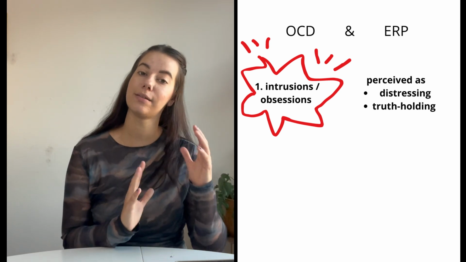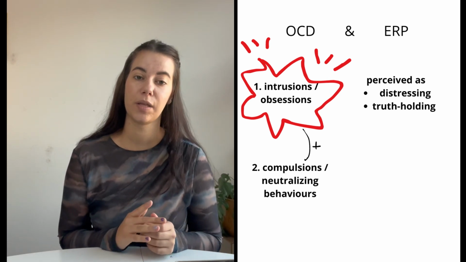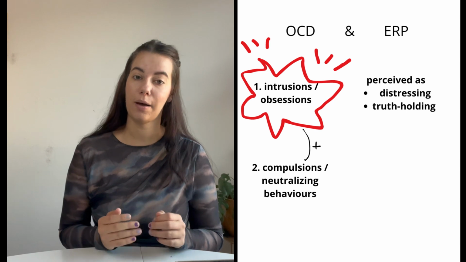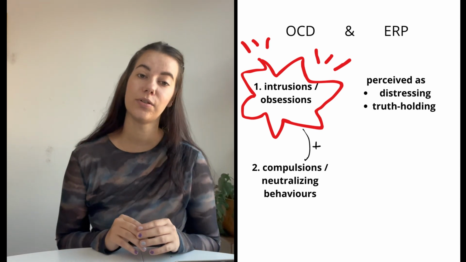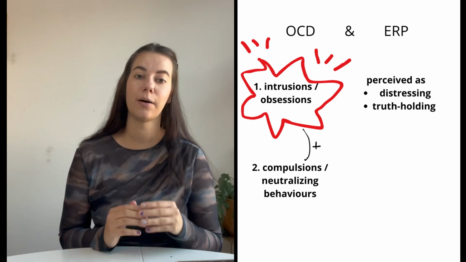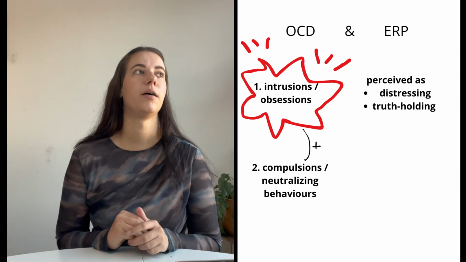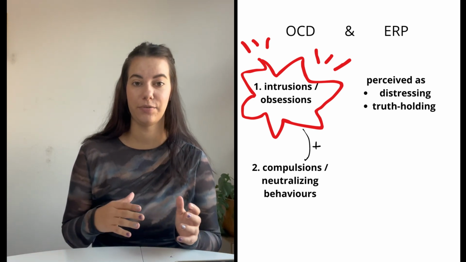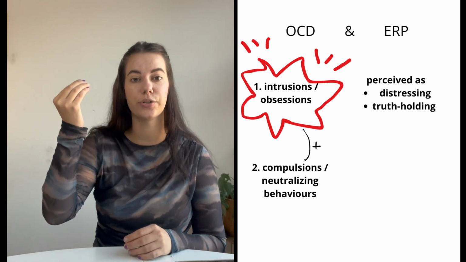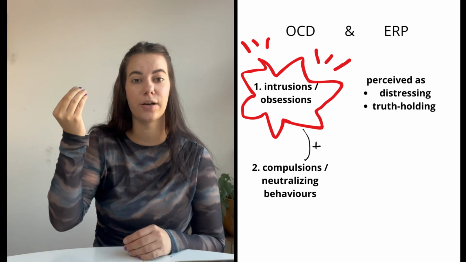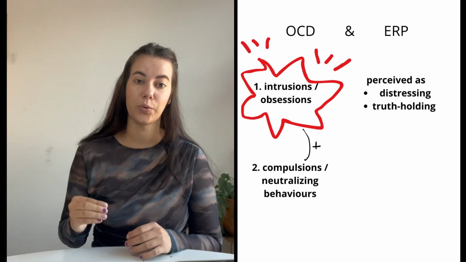And then we enter the second part of OCD, because the way people manage that heightened distress because of those intrusions is by doing compulsive behaviors. Compulsive behaviors are actually neutralizing behaviors. So someone experiences the intrusion or the intrusive image or thought and starts with the compulsions.